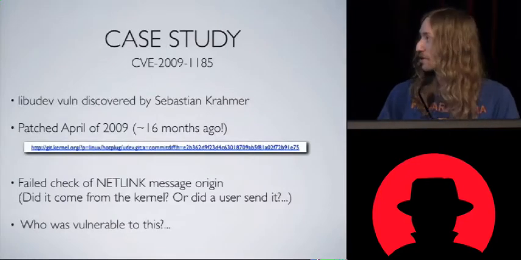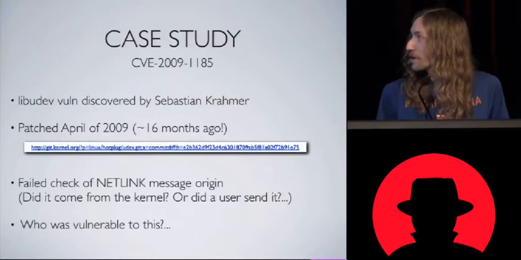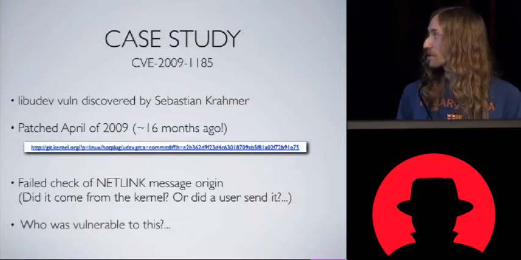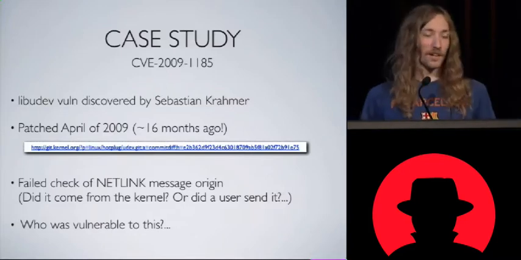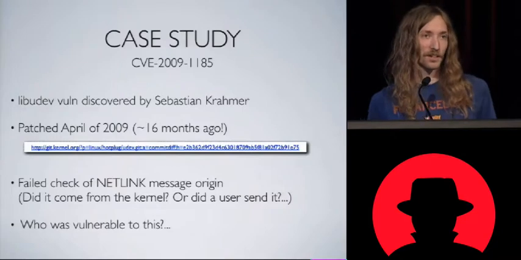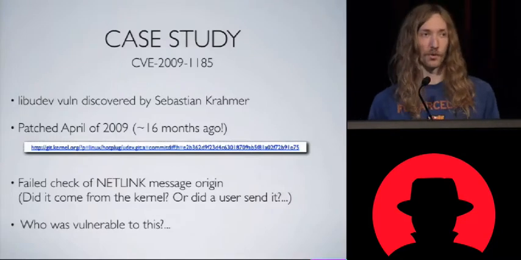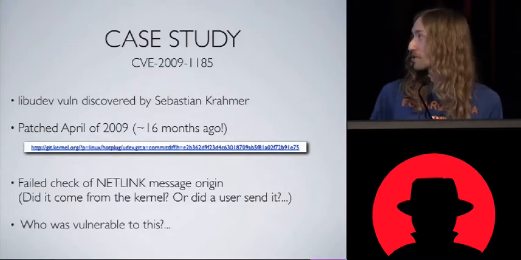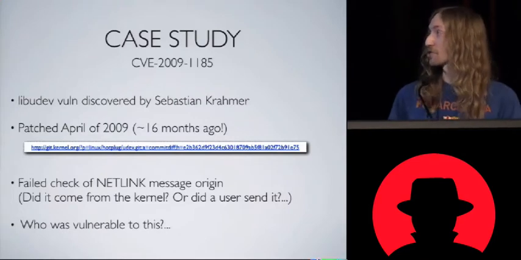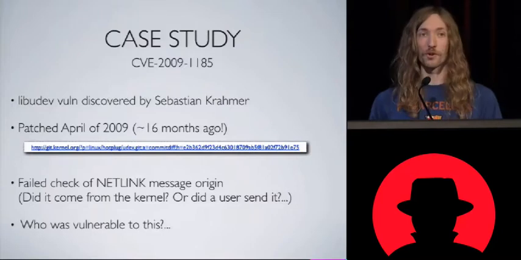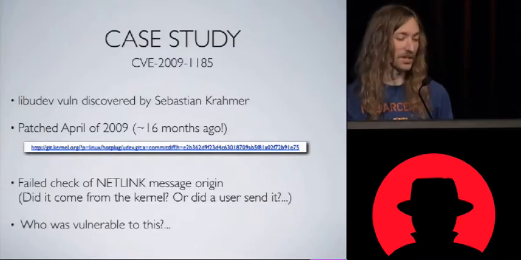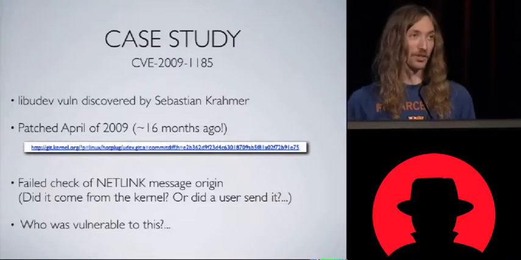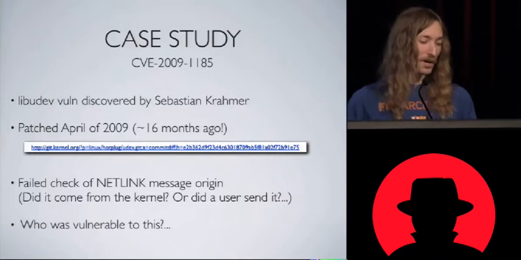So let's talk about something specific here. CVE-2009-1185 was a libudev vulnerability that was reported a long time ago. It was discovered by Sebastian Krahmer, and the original patch to fix this was in April of 2009, which is roughly 16 months ago.